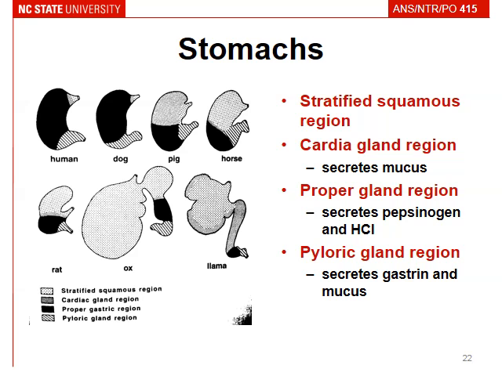Not all stomachs are the same. Within the stomach, depending on the animal, the functions vary. Here you can see on the left-hand side with the human, this first component closest to the esophagus is the stratified squamous region.